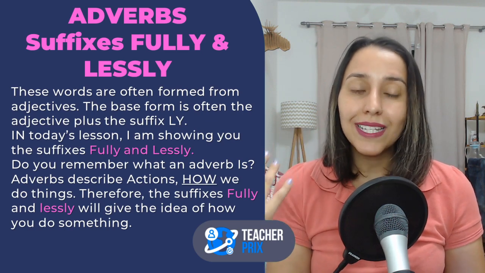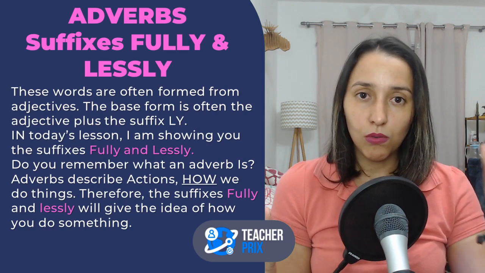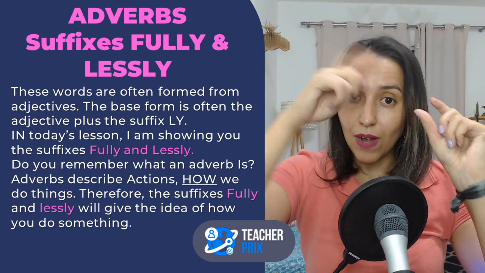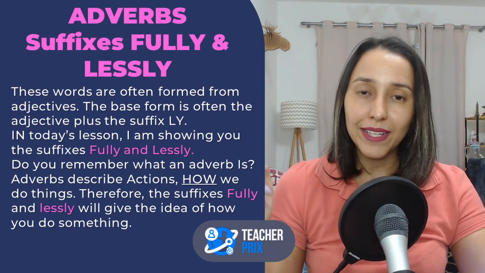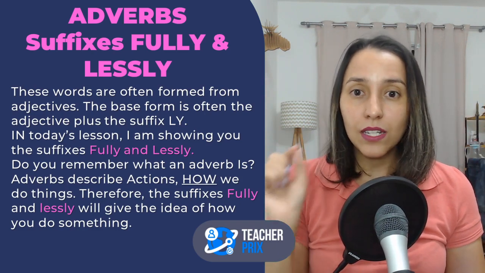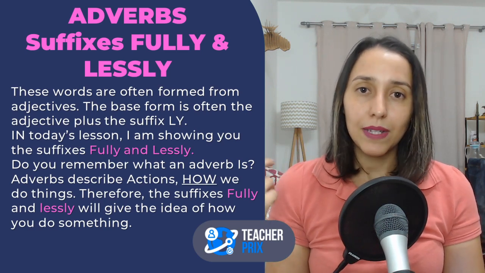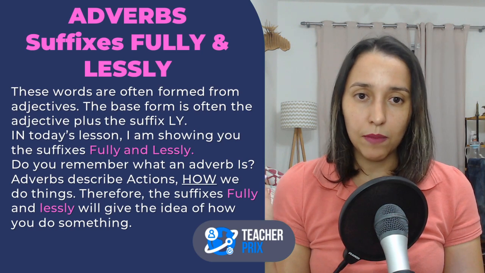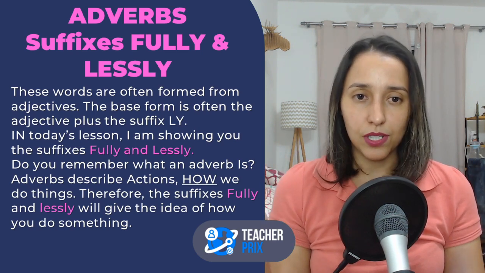Slowly. Slowly is describing how I speak. So speak is a verb. I am describing this verb. I'm giving more information about this action. I speak slowly. I eat quickly. Okay? So adverbs describe actions.